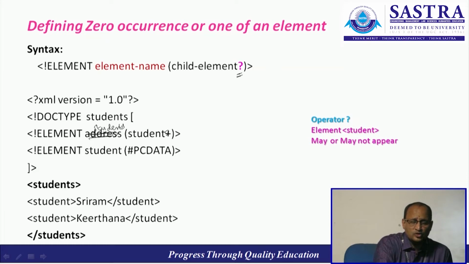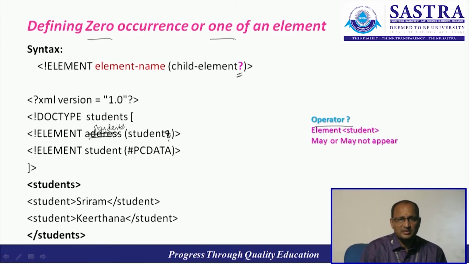The operator should be question mark. So the operator question mark has been used for specifying 0 or 1. Please remember, this is a kind of binary situation for an element: it may or may not appear.